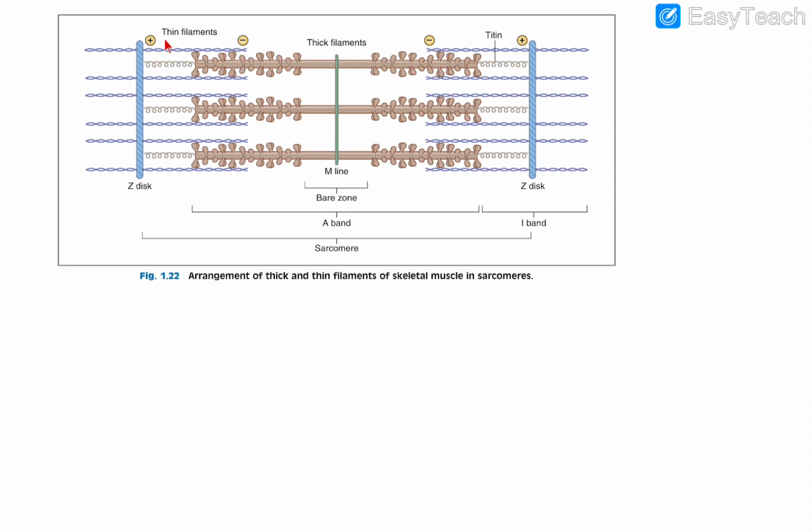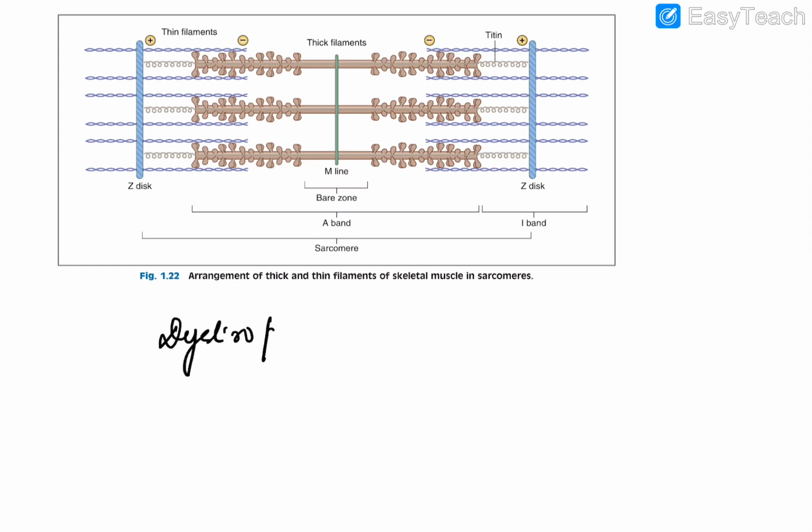Now these sarcomeres are not floating around in the myofibrils. There are certain proteins which anchor these myofibrils inside the cell. Otherwise they couldn't maintain this configuration. These proteins are called cytoskeletal proteins, and one of the important cytoskeletal proteins that we know is dystrophin.